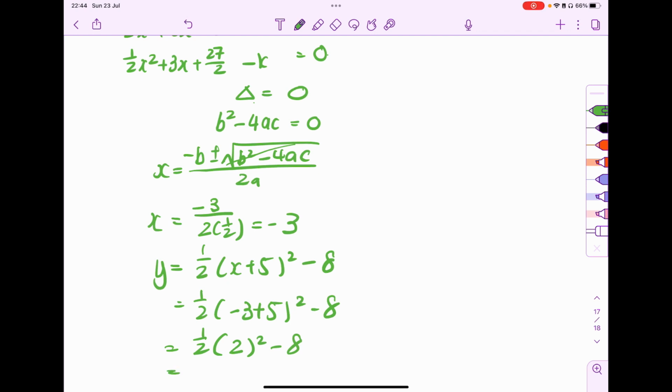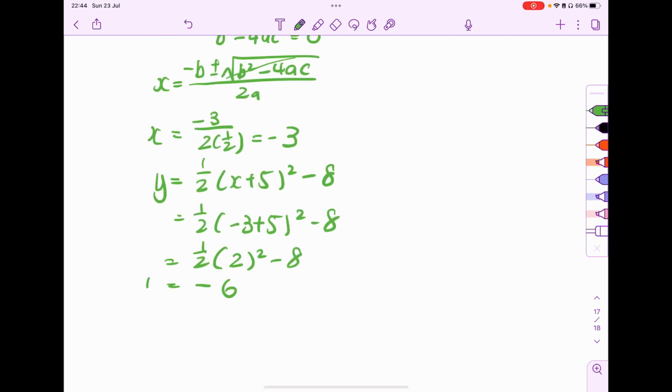Half of 2 squared is 2, 2 minus 8 is 6. So x is equal to minus 3 and y is equal to minus 6. So therefore the coordinates of the tangent would be minus 3 and minus 6. Awesome.